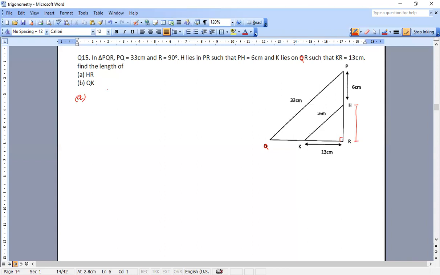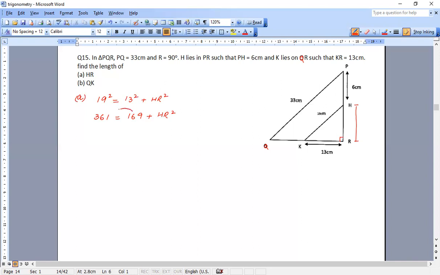As I can see, HK, the hypotenuse, is 19. So 19 square, which is hypotenuse square, is equal to base square, let's say base is 13 square, plus opposite, which is HR square. So 361 is equal to 169 plus HR square.